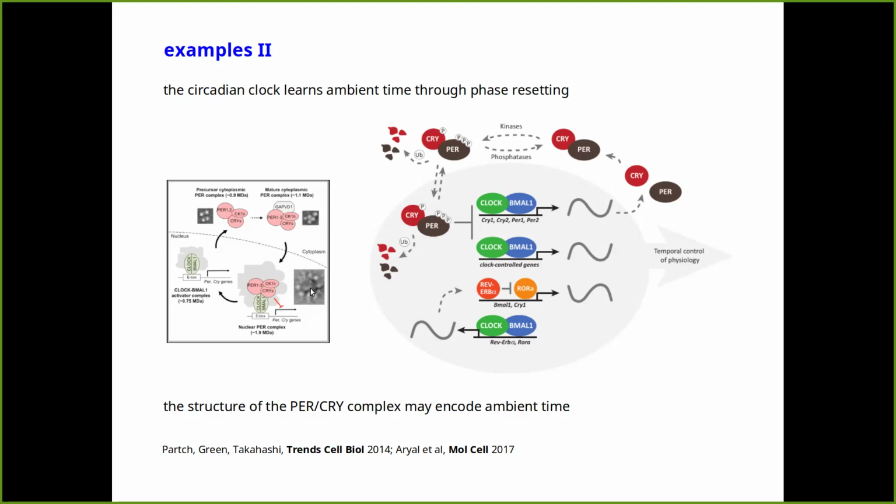And his view, because this builds up over the circadian cycle, was that if you could see the distribution of these aggregates between the cytosol and the nucleus, you could back out what the time was. Although I don't think anyone knows how to do that from actual data. But I think that's probably a very good estimate of what will be happening. So here's another example of an internal representation.